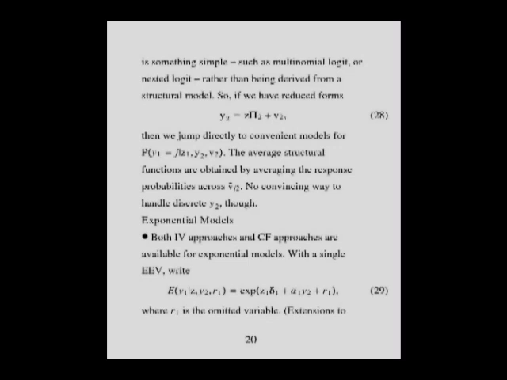The problem is if you write down 28 and you start with a structural model which is a multinomial logit, conditional on some unobserved thing, and then you try to derive the estimating equation based on that, you get a mess, basically.